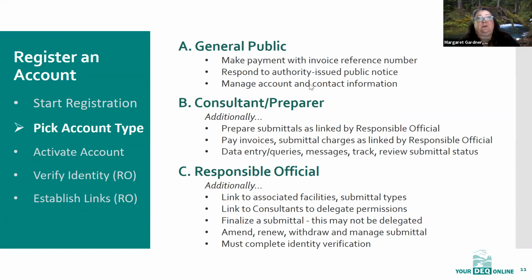They can respond to authority issued public notices and add attachments if needed, and manage their account and contact information. So when you have a general public account, it gives you some basic abilities in the system. If you didn't have a general public account, you could still participate in public notice, but you don't have all the features that are available to someone with an account.